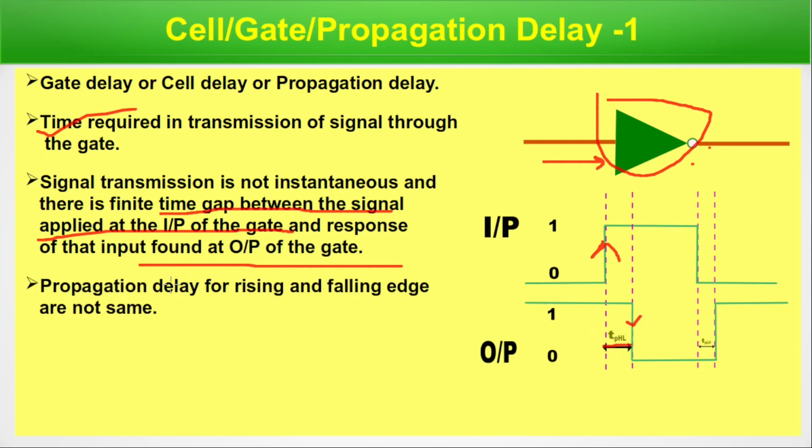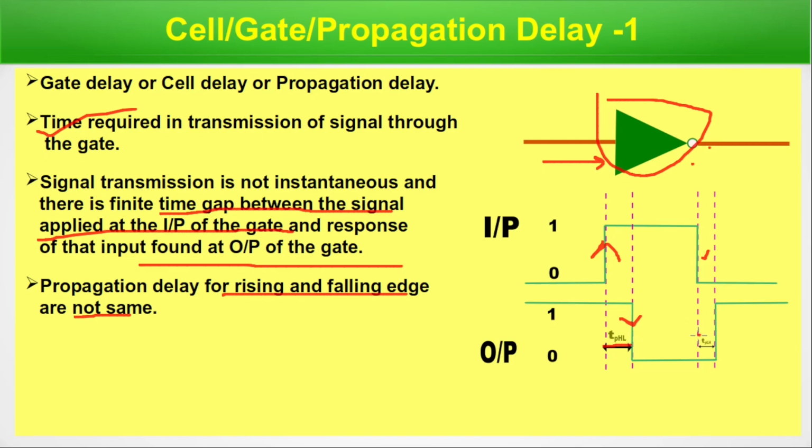Propagation delay for rising and falling edges is not the same. Here at the input, this switching is from 0 to 1, that is a rising edge, and here it's 1 to 0, that is a falling edge. Since it's a NOT gate, the response at the output will be just opposite. When the input goes 0 to 1, the output goes 1 to 0, that is high to low, and the delay related to this high to low transition at the output is called TPHL, the high to low delay.